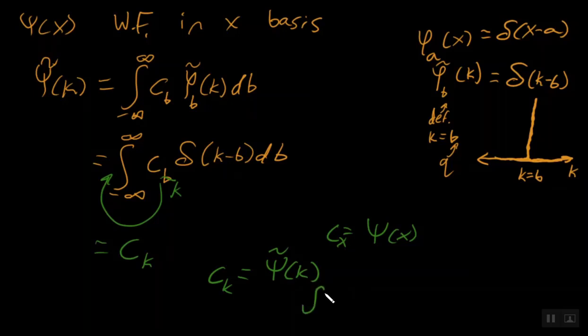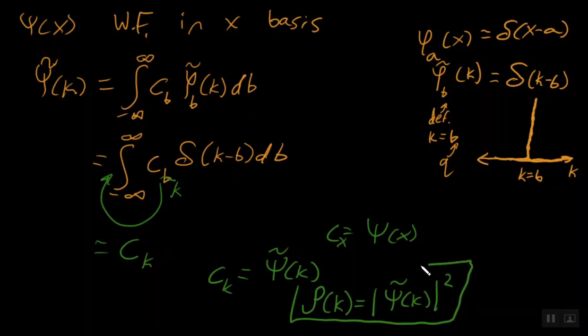We know that the probability density of having a wave number k is the norm squared of phi tilde of k. And this makes sense. Just remember, when we're taking the probability density of k, it's not per unit length, it's per unit wave number.